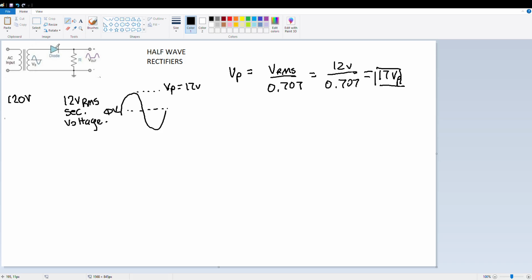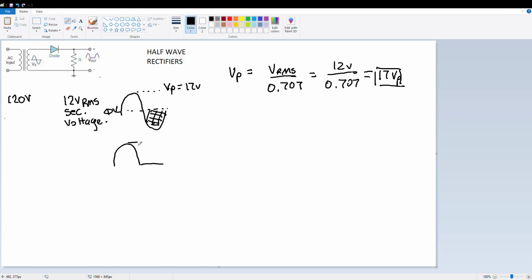Now the diode up here will drop about 0.7 volts, and it will also block this portion right here of our waveform. So the voltage to the load will look like this, and then this part will be level. There'll be blocking during this time. And the voltage peak here will be this voltage here minus 0.7 volts for the diode.